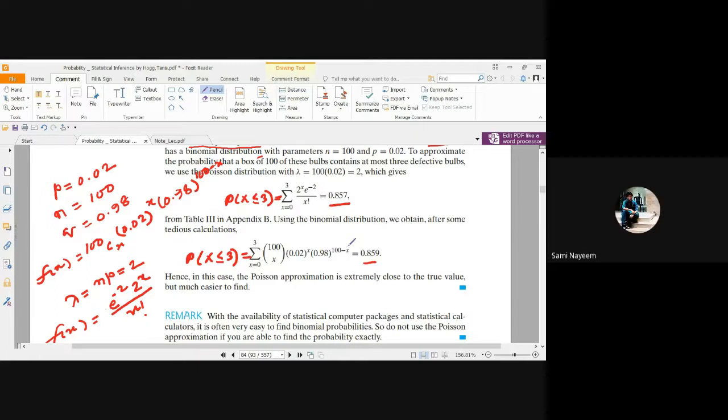So what can we assume? If n is not very large and the probability is not ignorable, that is, not very close to 0, in this situation the probability given by the binomial distribution and Poisson distribution will be very close. This is what we have seen.